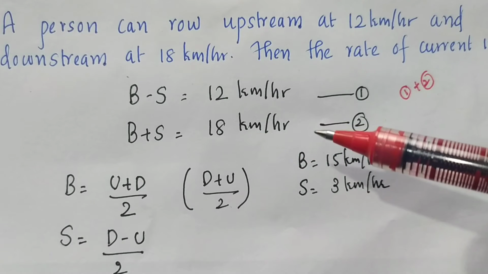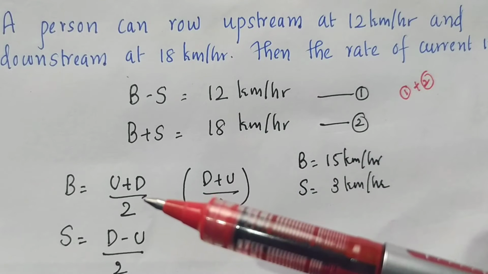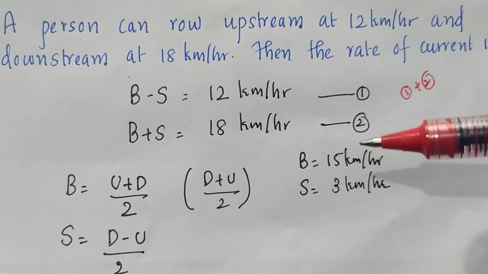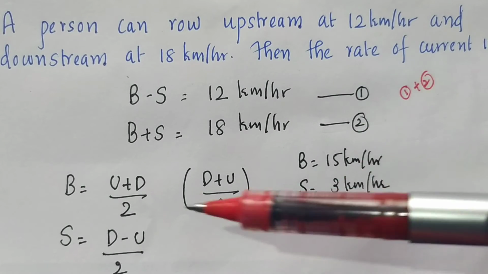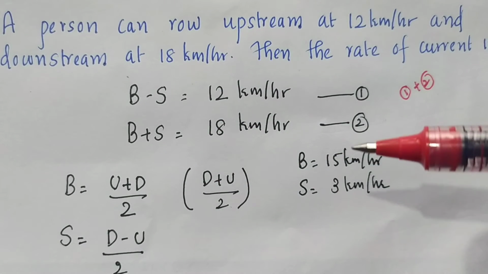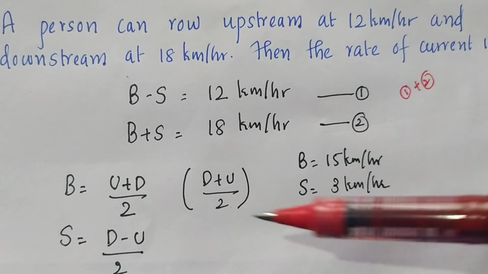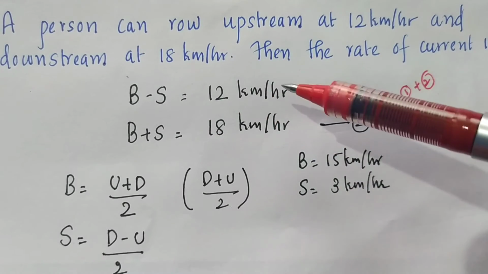So how can we find out the speed of boat and stream? Here we are getting two equations with two variables. So we can easily find it out by solving these two equations. By adding these two equations, we will get the speed of boat. So how do we add 1 and 2?